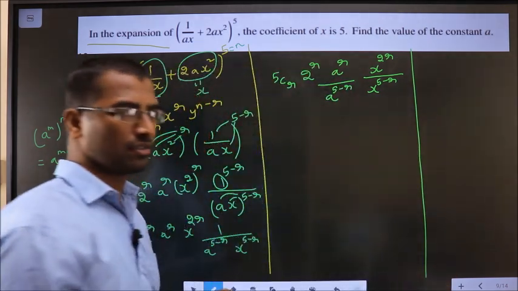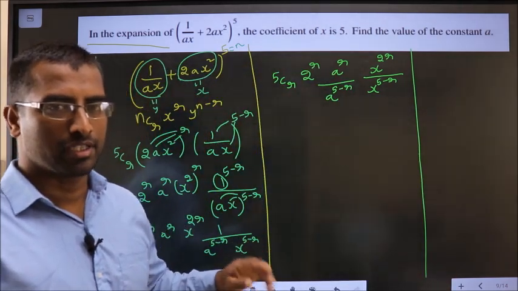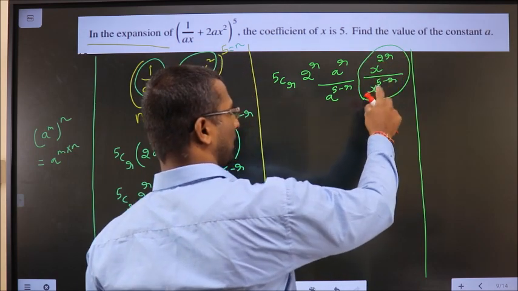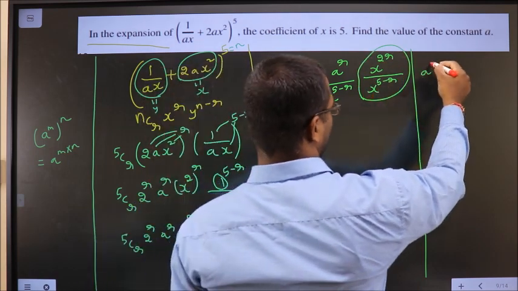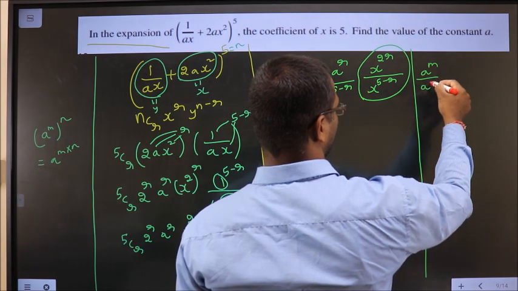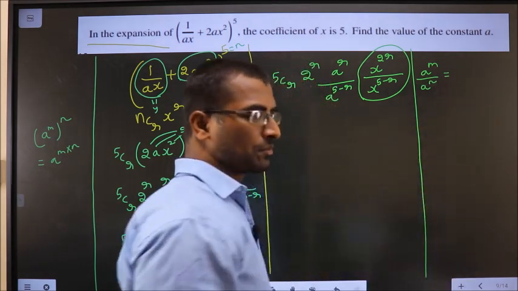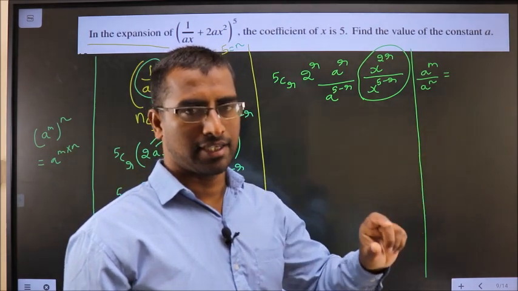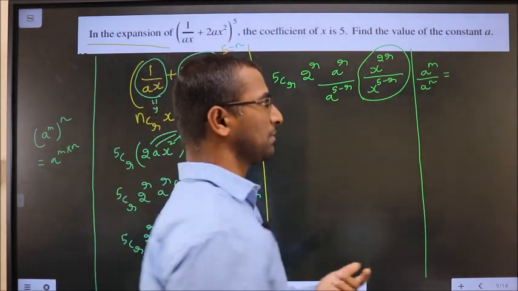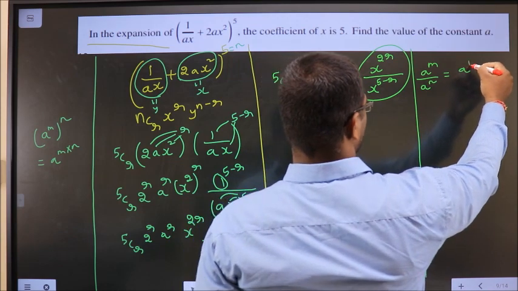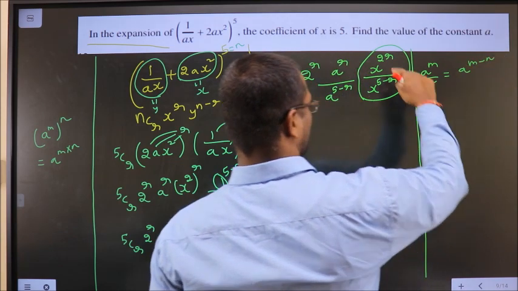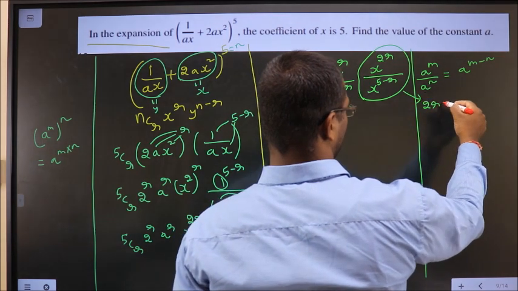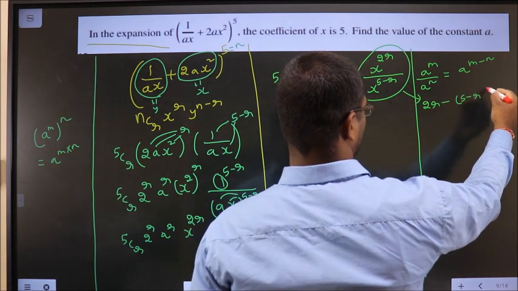Okay, now simplify further. How? By looking at this, what formula can you apply here? It is of the form a^m by a^n. Whenever it is of the form a^m by a^n, bases are same, division, subtract the powers. So it is a^(m−n). Same way, subtract the powers here: 2r minus (5 minus r).